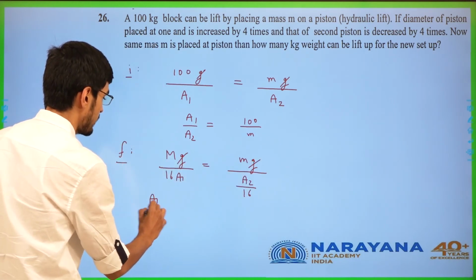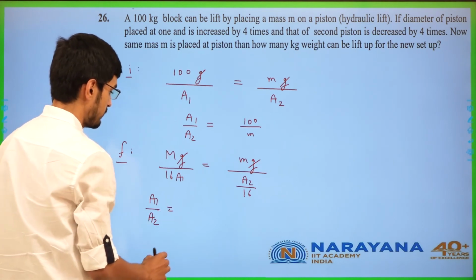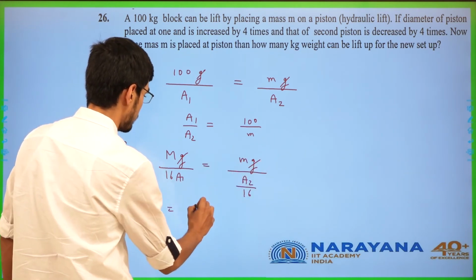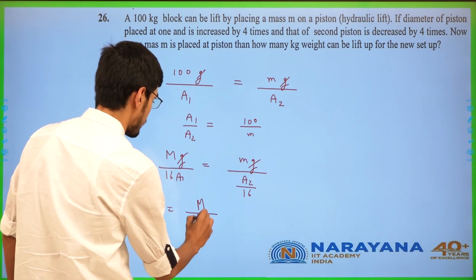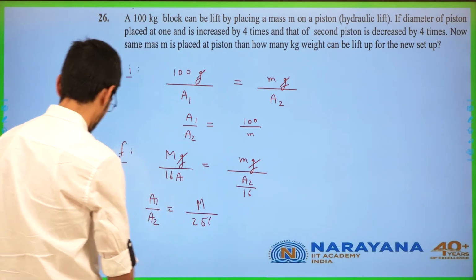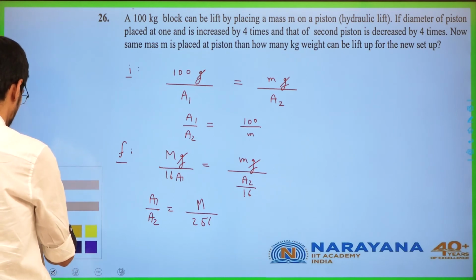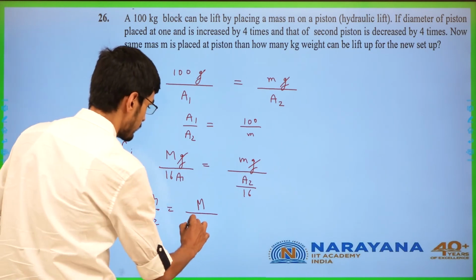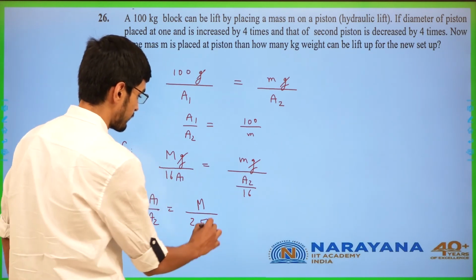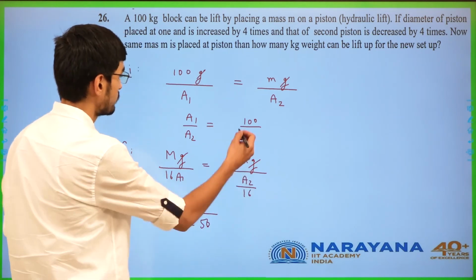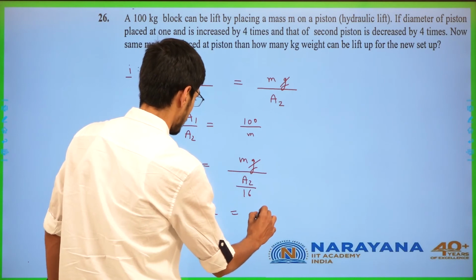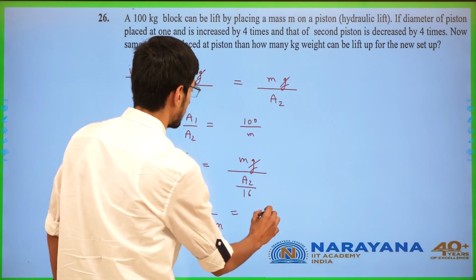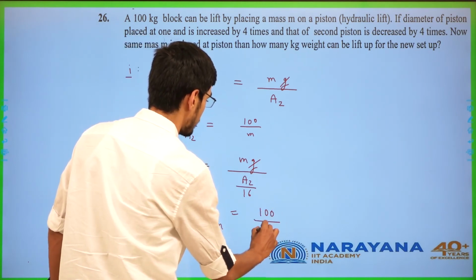So we can do the new calculations. Suppose again I compute the A1 by A2 ratio. This will become M upon 16 square, that is 256, so 256 M. The other side, the same ratio, can be written as 100 upon m as well.